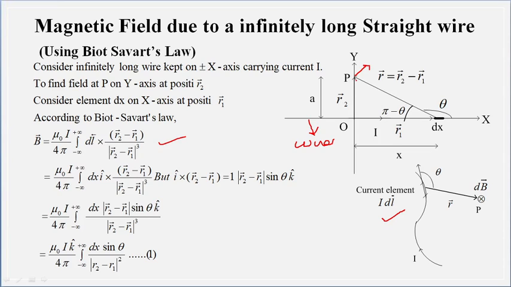So in this derivation, the wire is on the x-axis, and the point where we are finding the magnetic field is on the y-axis. As I mentioned yesterday, the position vector of that point from the origin is vector r2. The perpendicular distance of the point from the wire is a.